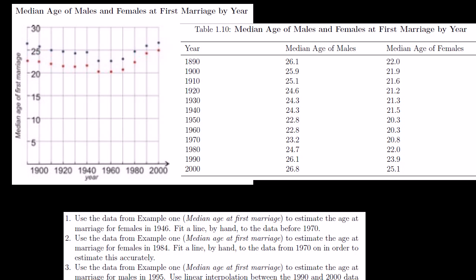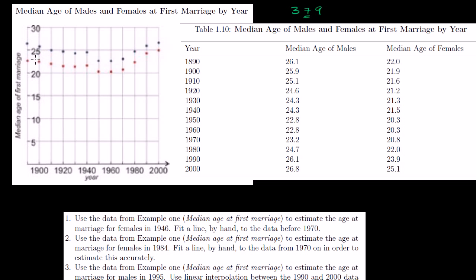So I have this chart here. Median age. Remember, median is the middle. So if I have the numbers 3, 7, and 9, the median is 7. It's the middle. This is the median age of males and females at first marriage by year.